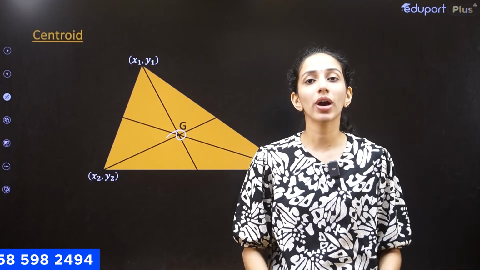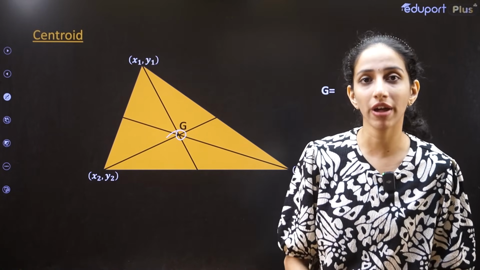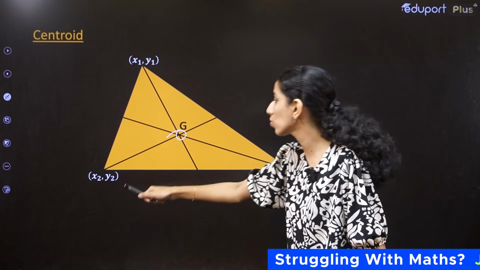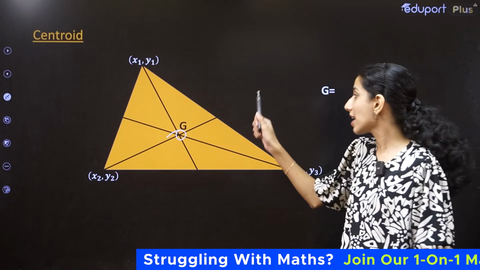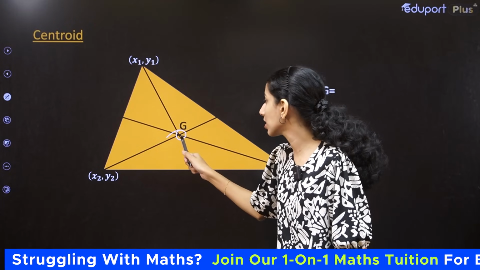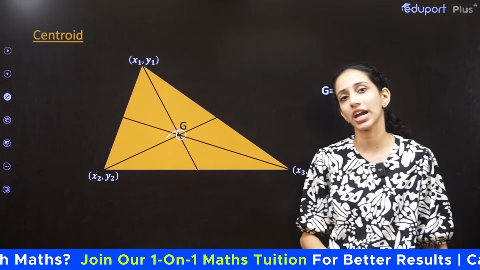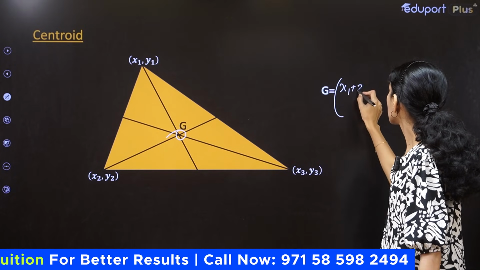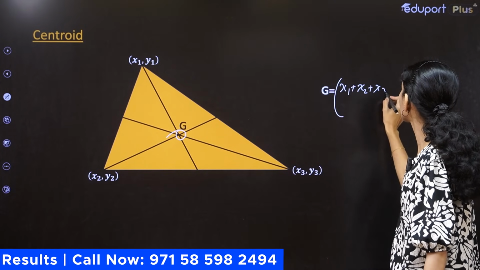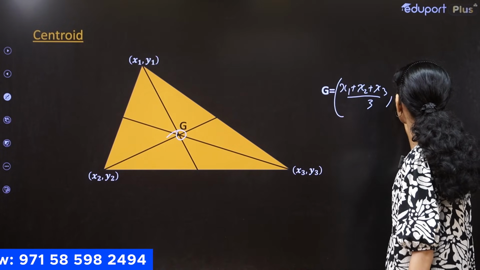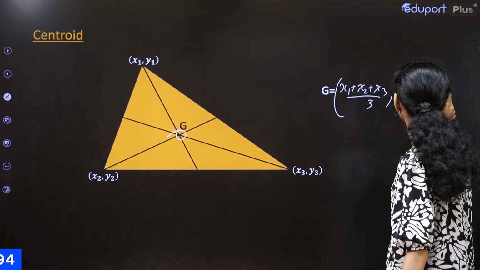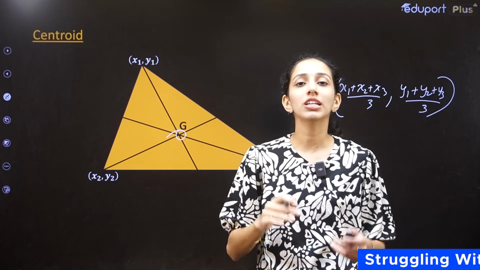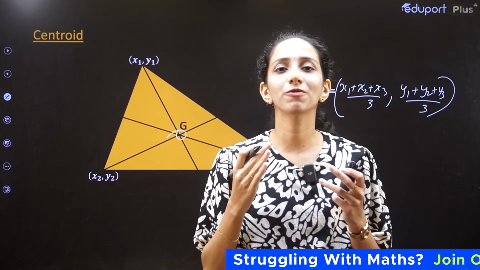If there is a requirement to find the centroid of a triangle with vertices x1, y1, x2, y2 and x3, y3, the only thing you need to do is (x1 plus x2 plus x3) by 3, then (y1 plus y2 plus y3) by 3. Okay, in this way you can find the centroid of the triangle.